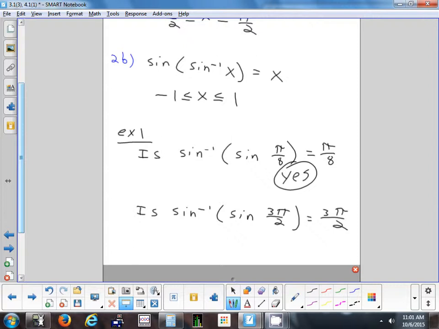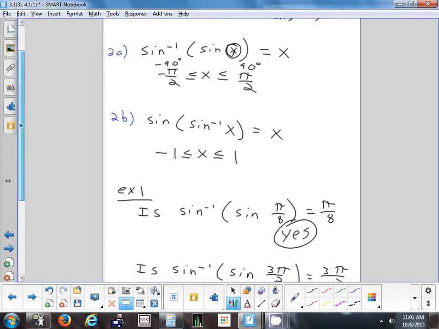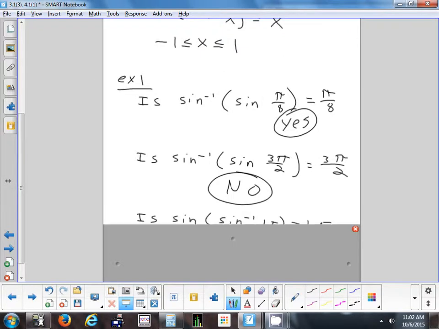And I'm going to write it as 270 because this is positive. That's positive 270. Is positive 270 between these two numbers? No. So this one, if you were to type that in, you would not get back the same answer. This is too big. It's 270.